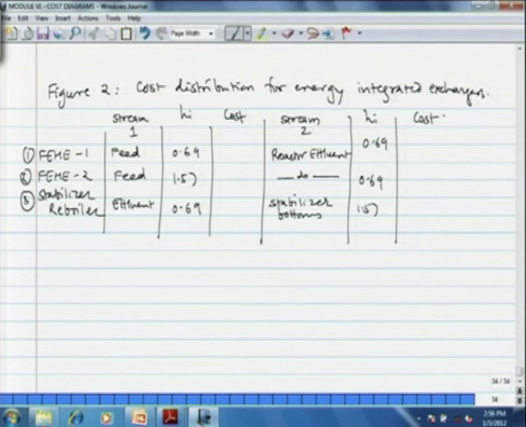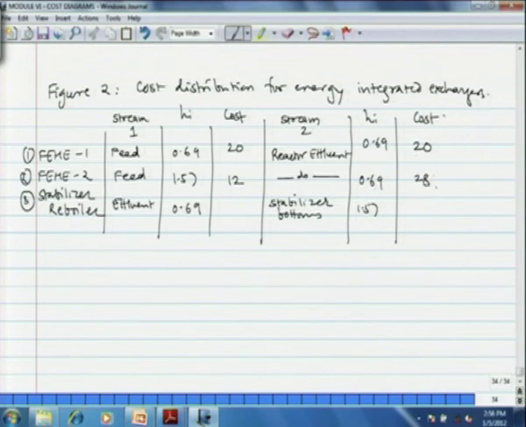Since the two coefficients are same, we distribute equally. Then for the second FEHE2, the total cost is again 40, but the stream coefficients are not same. Feed has higher coefficient, so lesser cost, and that we have already seen how to do it. It is in inverse proportion of film coefficient. So now I write directly the answer. You can very easily calculate it yourself.